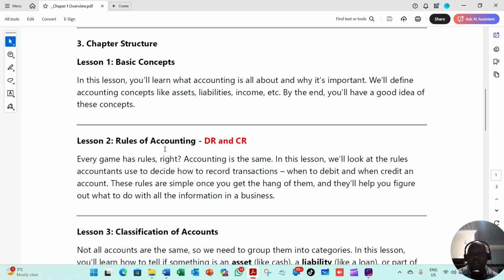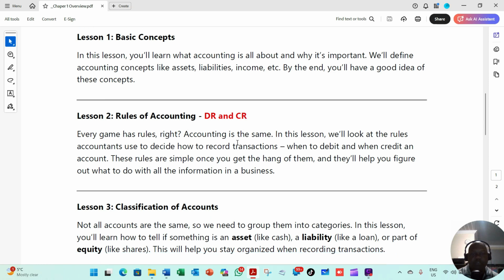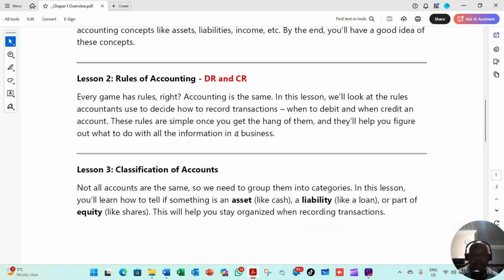And then in lesson number 2, we're going to be talking about the rules of debit and credit. So you're going to learn and know when an account is to be debited and when it is to be credited.